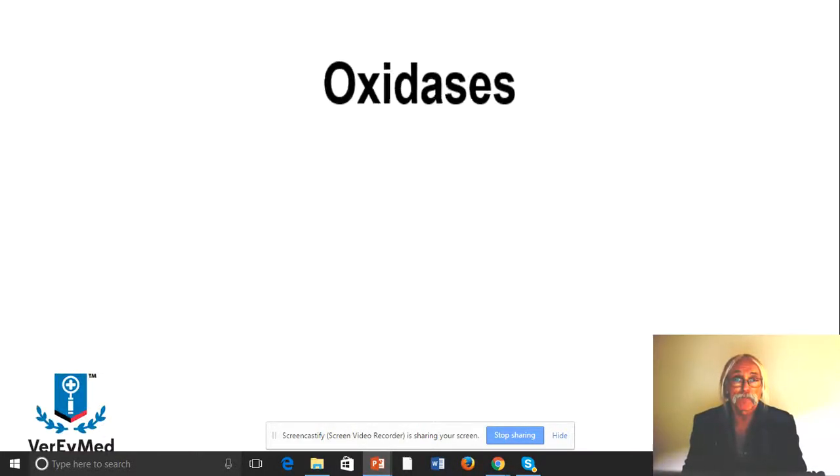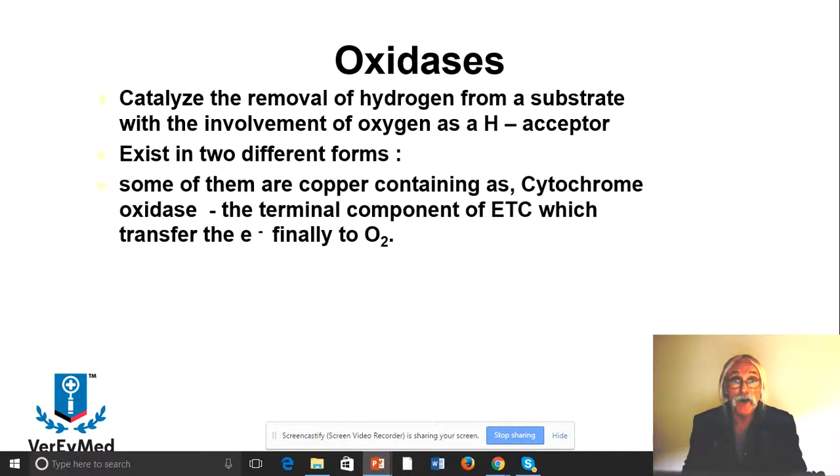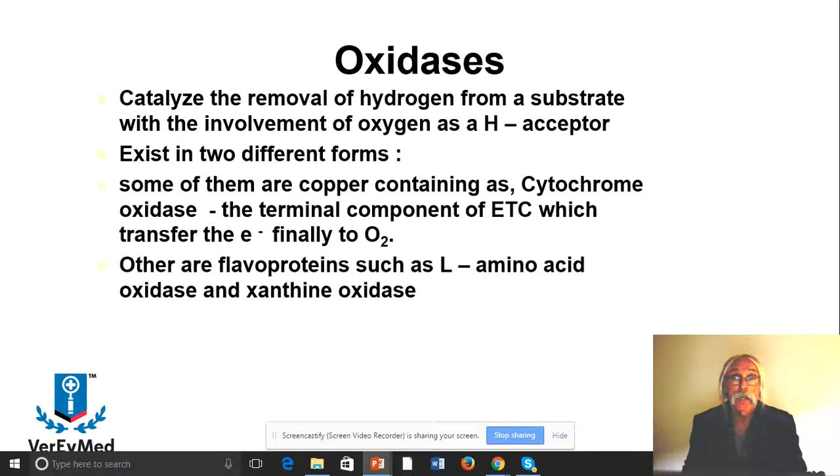So oxidases catalyze the removal of hydrogen from a substrate with the involvement of oxygen as the hydrogen acceptor. 2 forms of oxidases. Some of them are copper-containing, such as the cytochrome oxidase. That's the terminal oxidase in the electron transport chain. And others are flavoproteins. That means they usually have a flavin, such as flavin adenine dinucleotide or flavin mononucleotide.